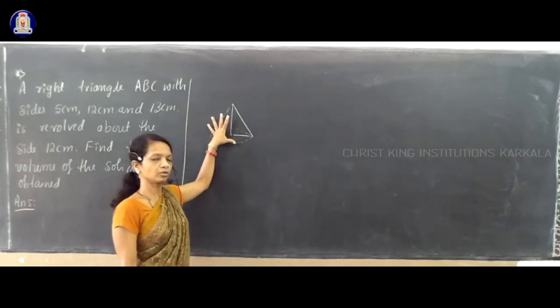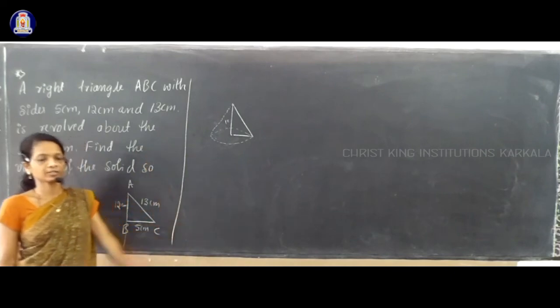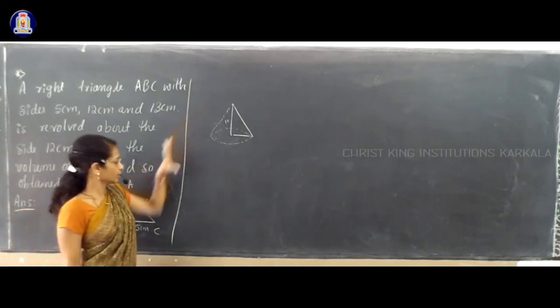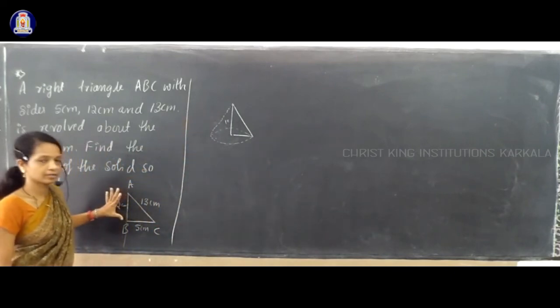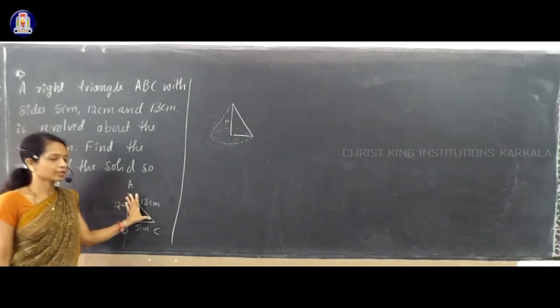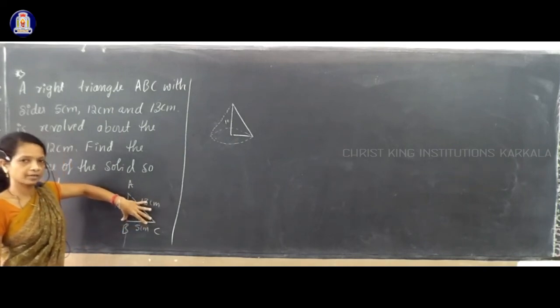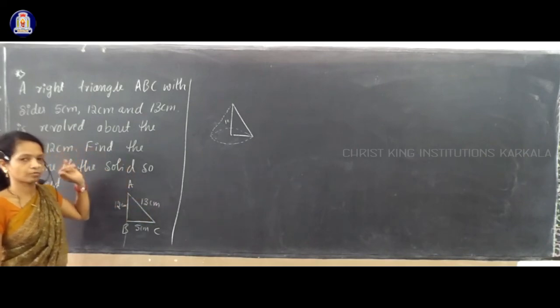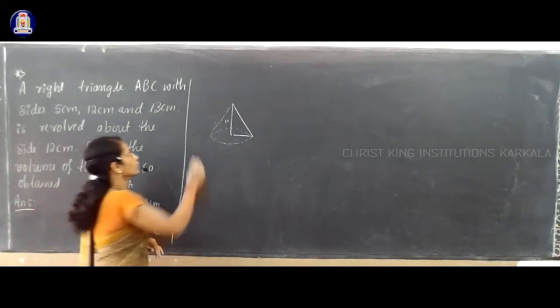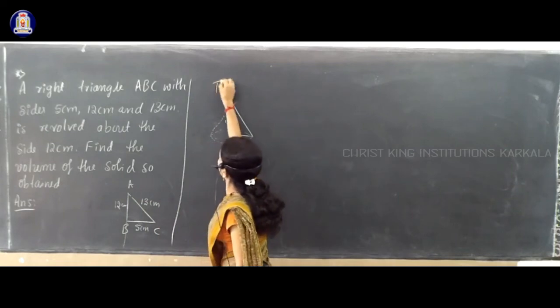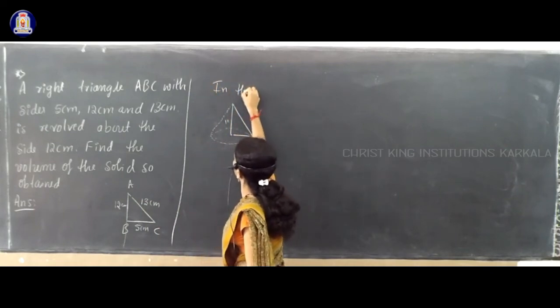Okay, you have to find the volume of that right circular cone by taking this one AB as a height h, and this hypotenuse as a slant height, and BC as a radius, base as a radius of that cone. Okay, so we write the solid generated.